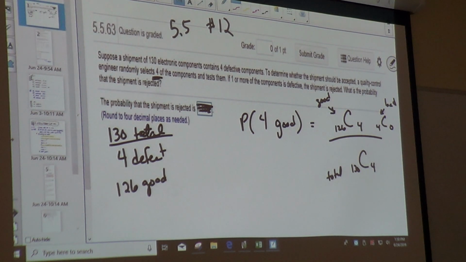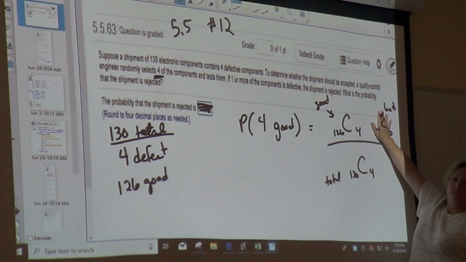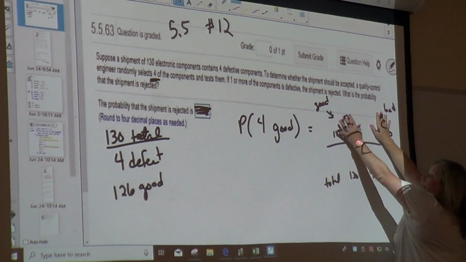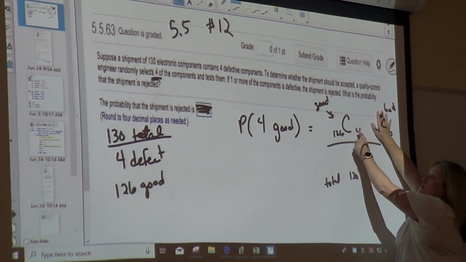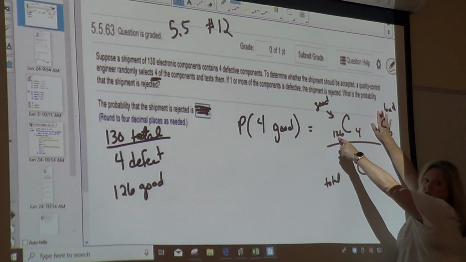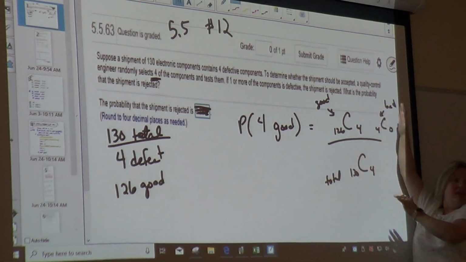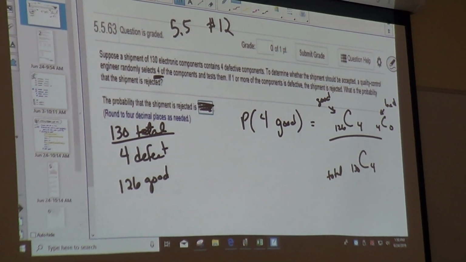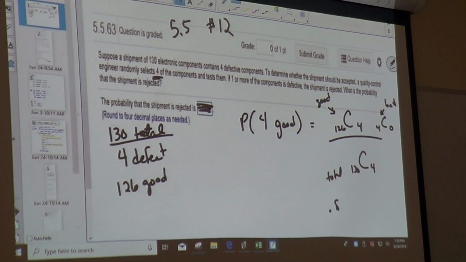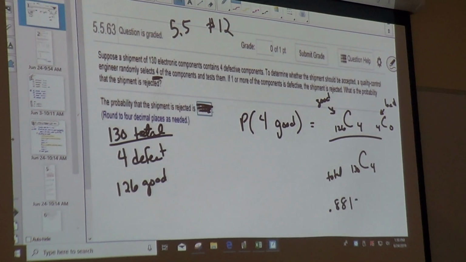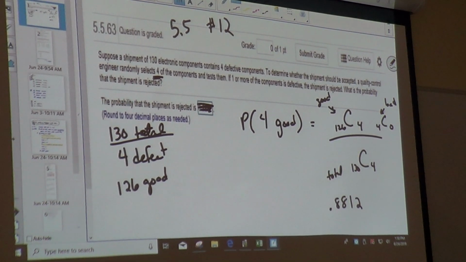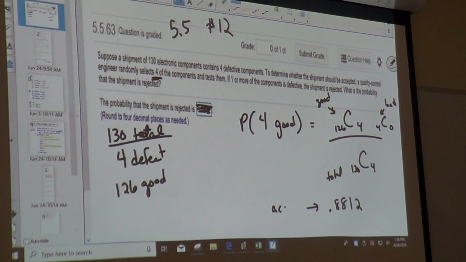And you really don't even have to write this part. So I can just do this over this. I'm picking 4 from the 126 good, and I'm picking 4 out of the total. And when I do this in my calculator, I end up getting .8812. But that represents accepted.